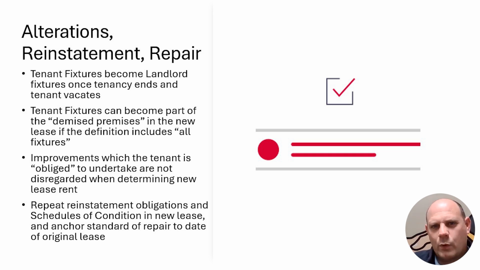Now, the related question is, even if the tenant keeps the right to remove the fixtures, can the landlord charge rent on them in the new lease? And the answer is potentially yes. And this is where Section 34 of the 1954 Act becomes important.